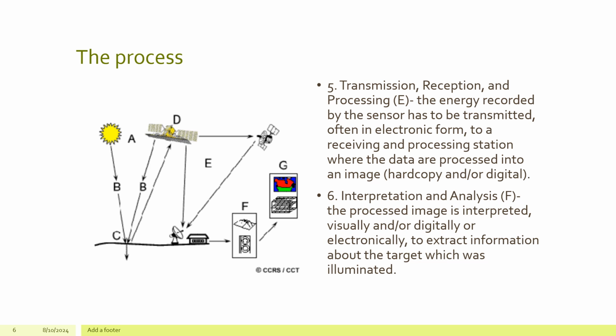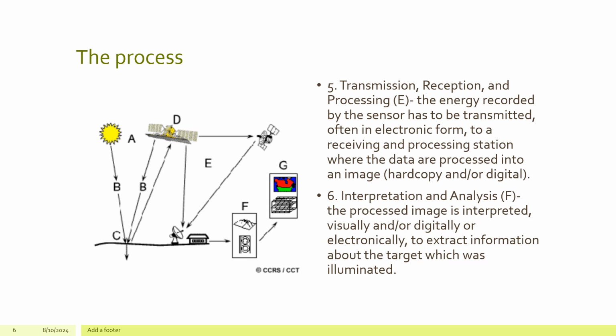With LiDAR, you can't see it, but it uses a laser sweeping over the area, which is an active sensor, and it's detecting the actual topography of the area we're going through. So that needs a computer to process it all together, so we can do analysis and interpretation of what we're getting.